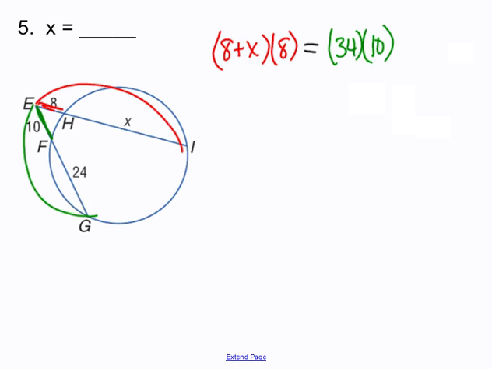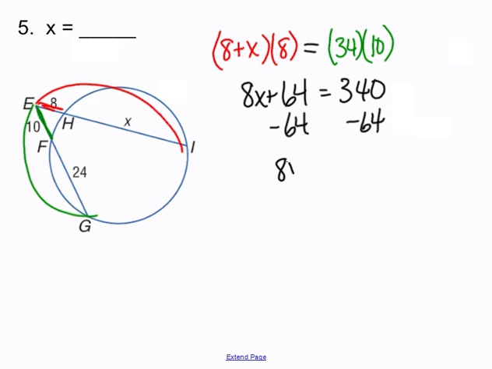So then we do the math, we get 8x plus 64 equals 340. Then I subtracted 64 from both sides. 8x equals 276. Divide by 8. And x equals 34.5.